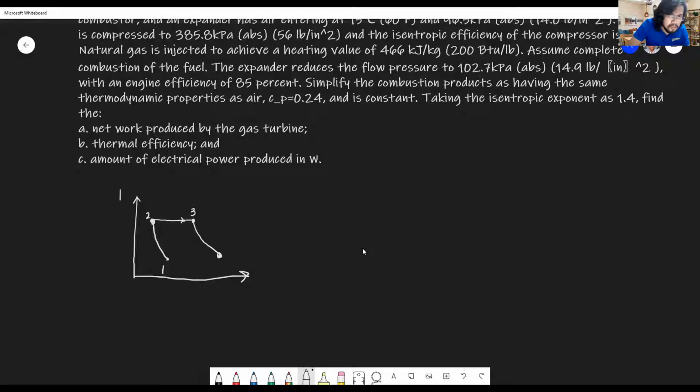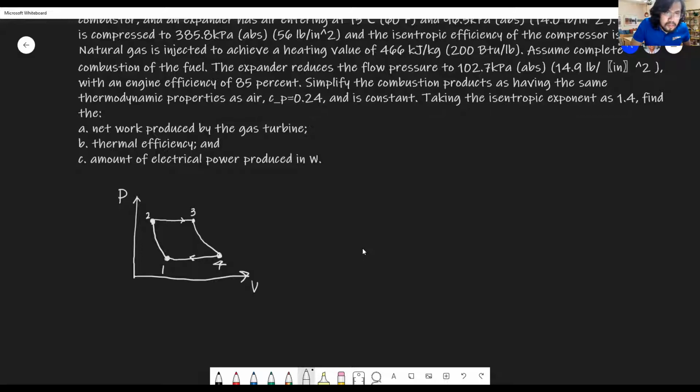This is the P, and this is the V. So it's isobaric, these points 2 to 3. 4 to 1 is also isobaric.